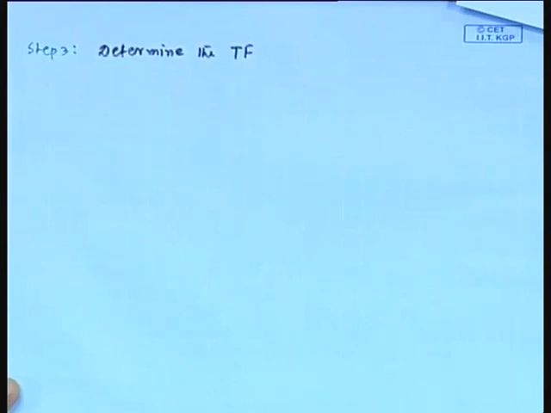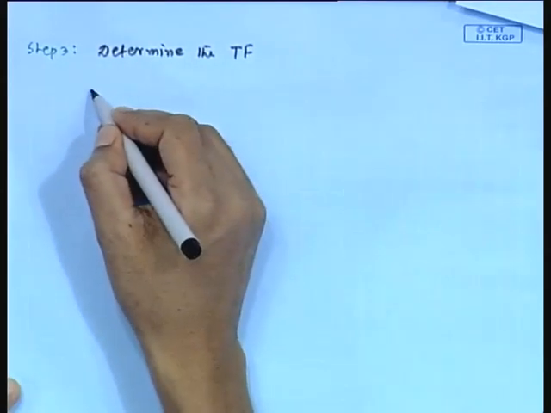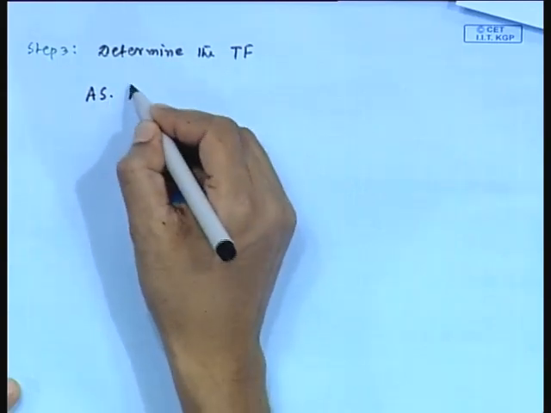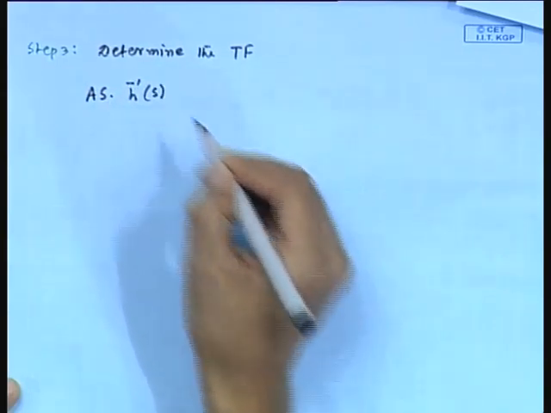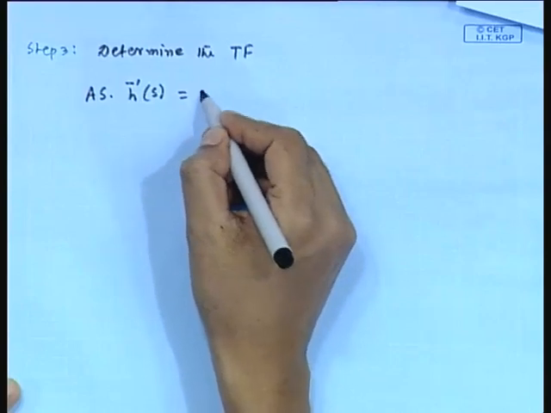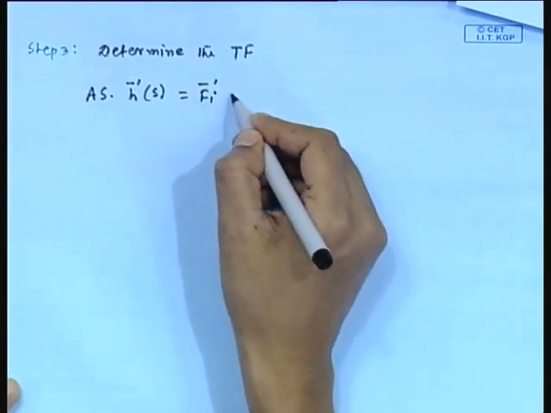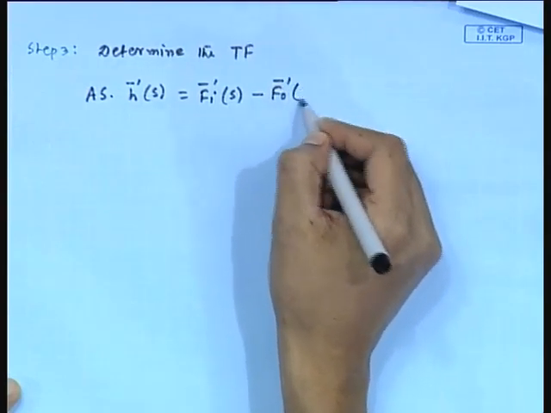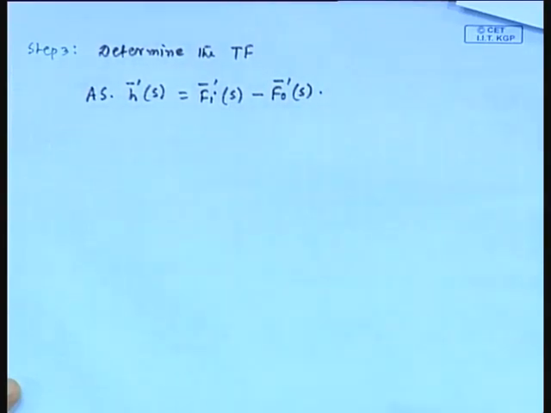So, for that we have to take the Laplace transform. If we take the Laplace transform, we get A s h bar prime s equal to f I bar prime s minus f naught bar prime s, fine. This is the representation of the model in S domain.